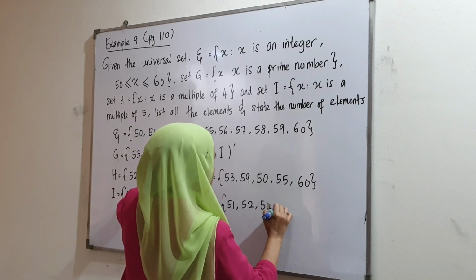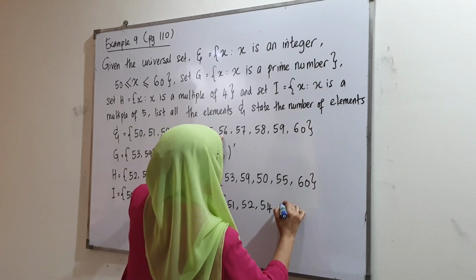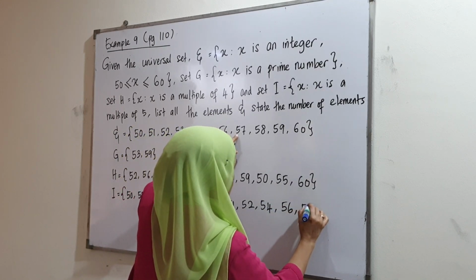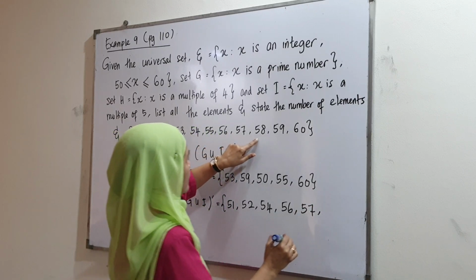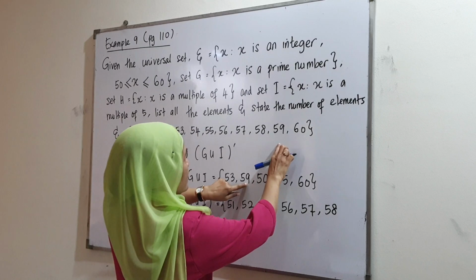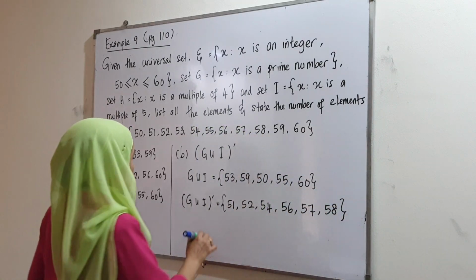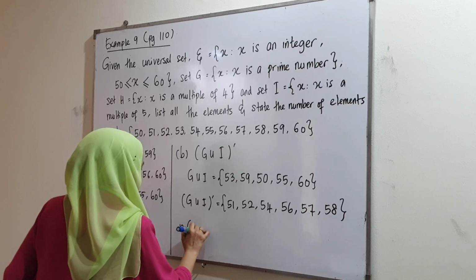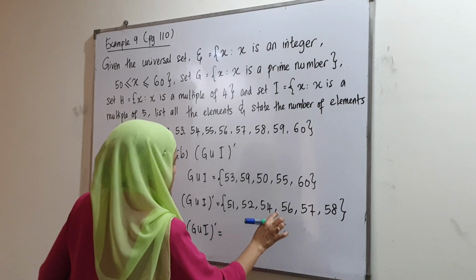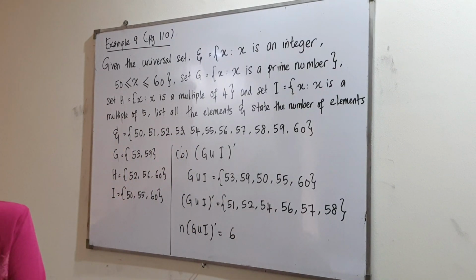Yes. 55 is here? No. 56? Yes. 57? Yes. 58? Yes. 59 is here? No. 60 is here. So the number of elements in (G union I) complement is 6. So this is the answer.